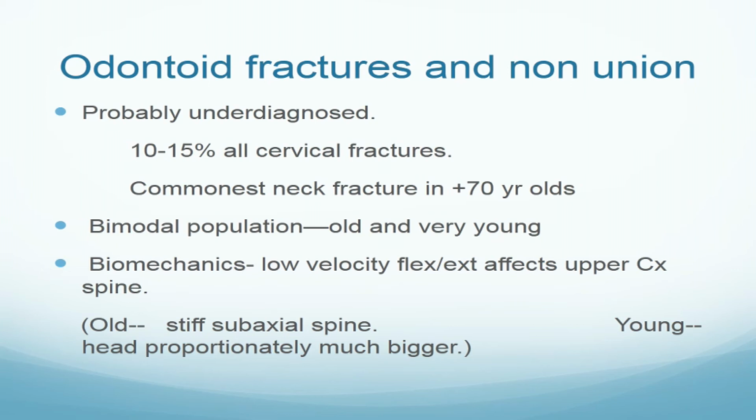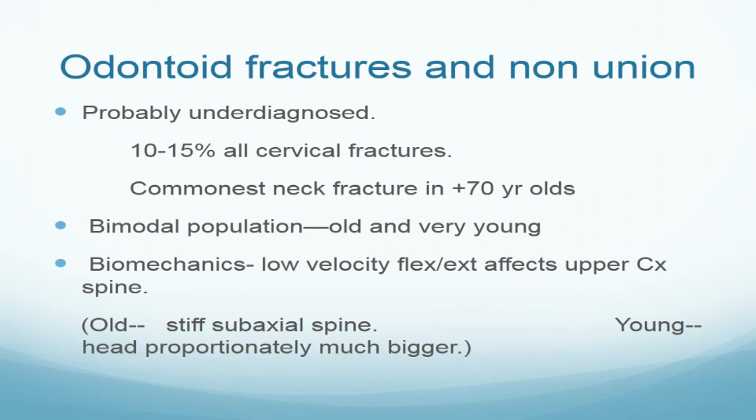The biomechanics are a flexion and extension, a low velocity injury, the seat belt, the fall. When there's a rotatory element, there's usually a higher impact or a higher amount of energy, and we briefly touch on those as well. And you've heard already the causes.